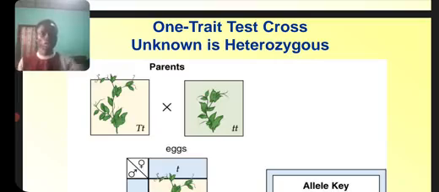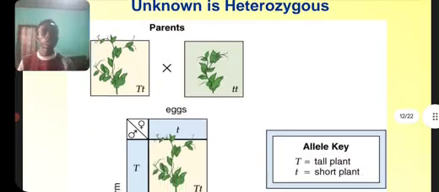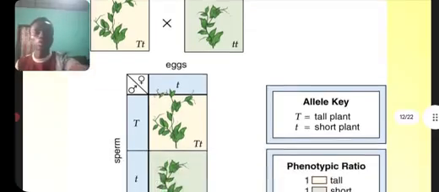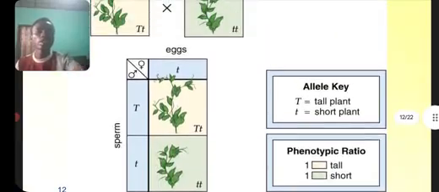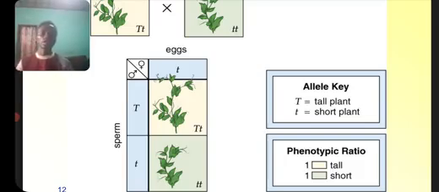So you just cross the capital T, small t, with the lowercase t, and you figure out that the phenotypic ratio is 1:1, having some members tall and others short.